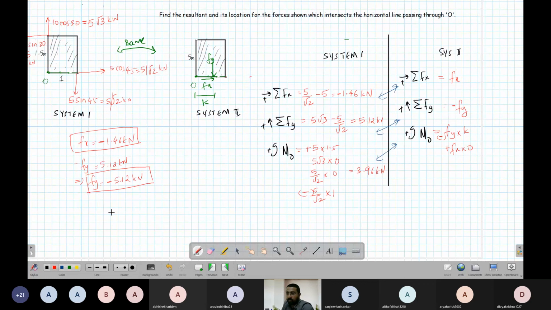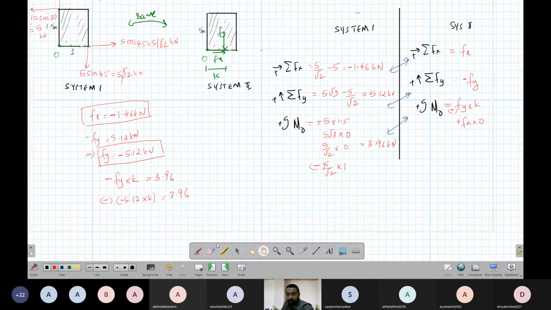Now if I take the moment, minus Fy times k equals 3.96. Substituting the Fy value, it is minus 5.12 times k equals 3.96.